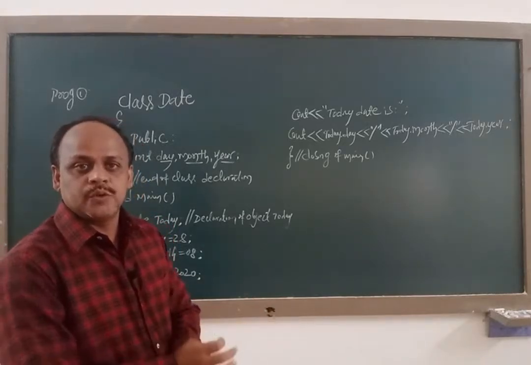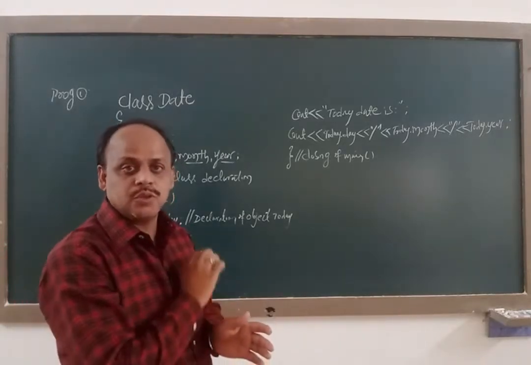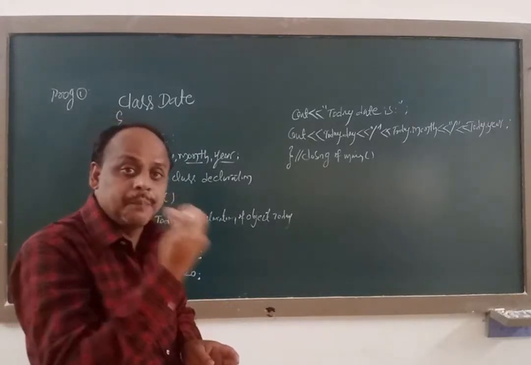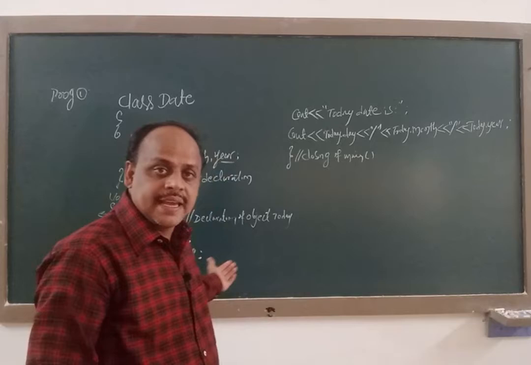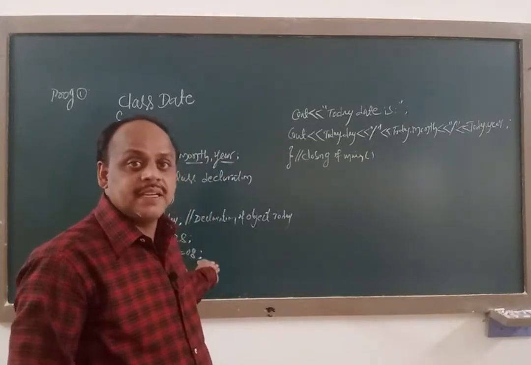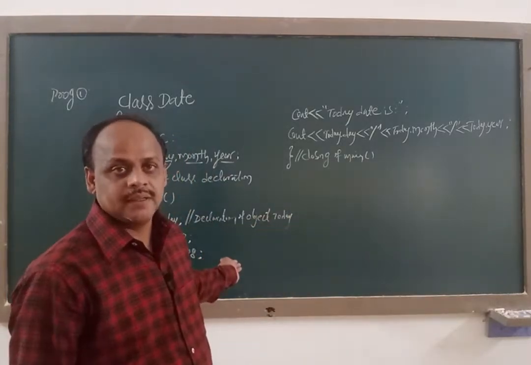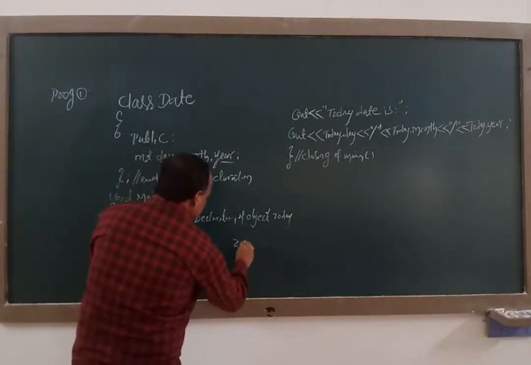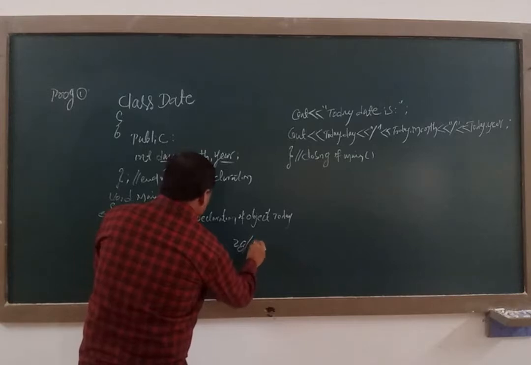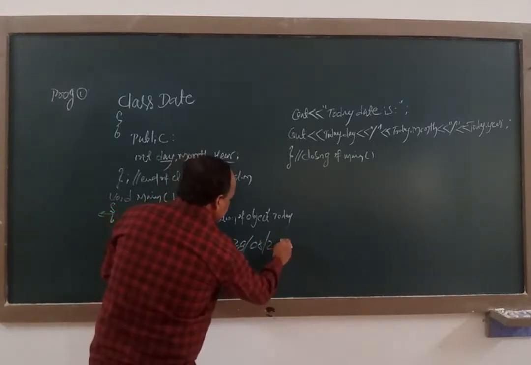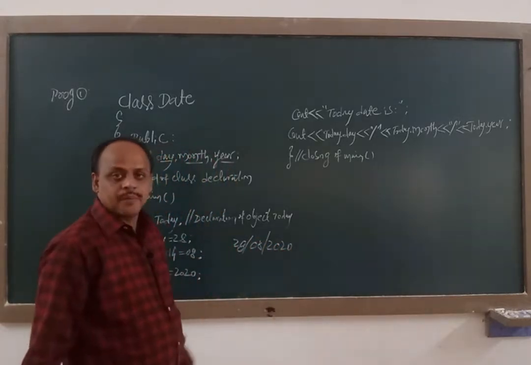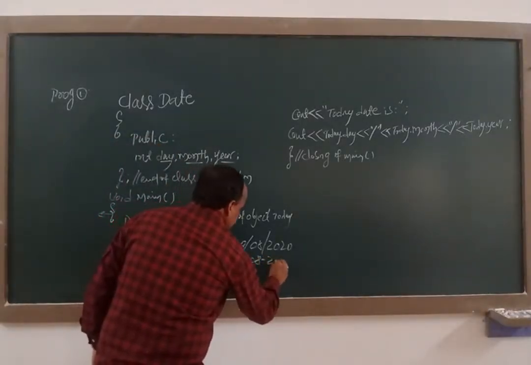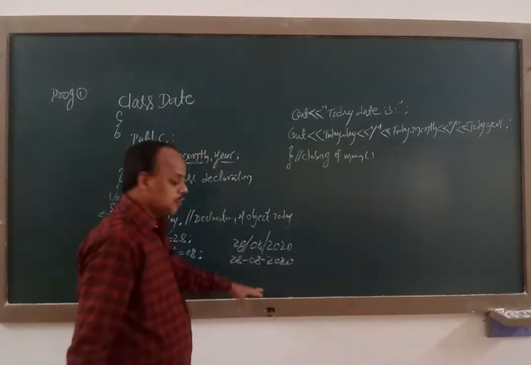Now one part is over. Now we have assigned the values to the data members. Next, we have to print this assigned value, which means we have to print this state in a proper format. Means 28, 8, 2020 in this format, or else 28 8 2020, like this we have to print.